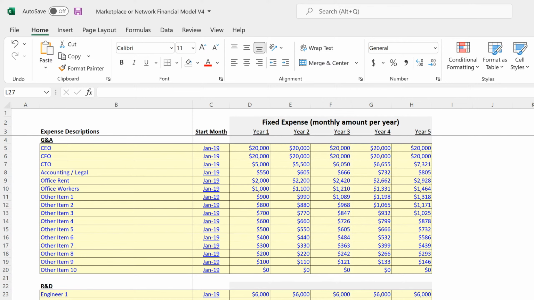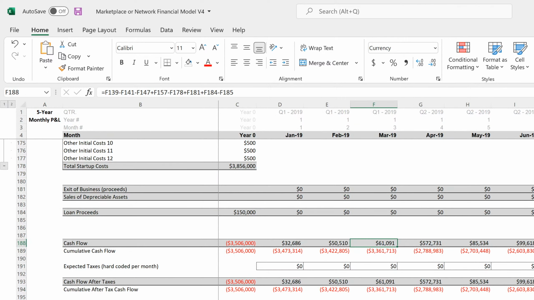Let's go back over here now. Still positive. These are just arbitrary numbers. I just want to see a negative burn for a little bit.